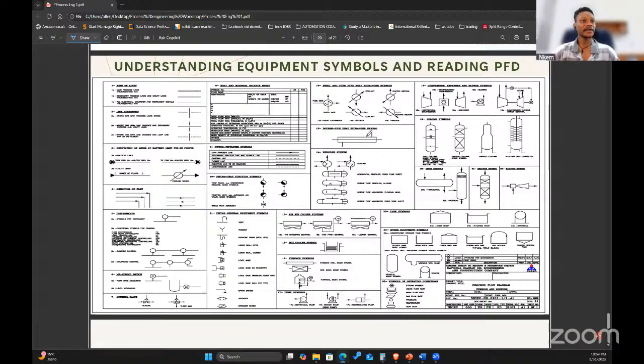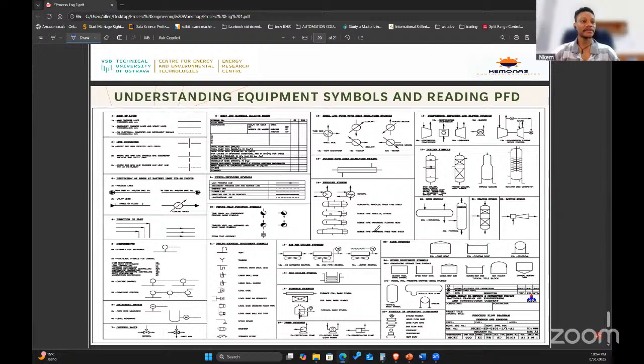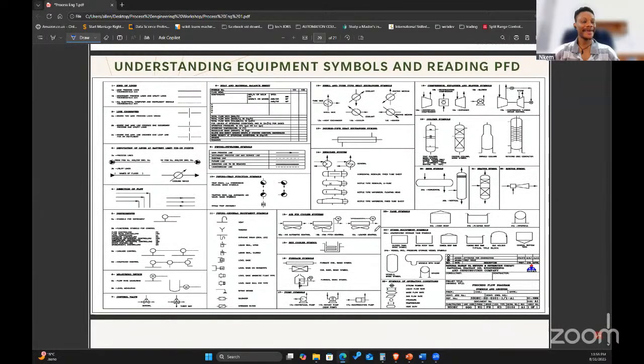For designing and drawing of this, you use your AutoCAD P&ID or AutoCAD Plant 3D. These softwares are usually online and paid. It requires that you pay for it. But there are also alternatives you can use for learning, right? Or you can decide to buy the license if you have the money.